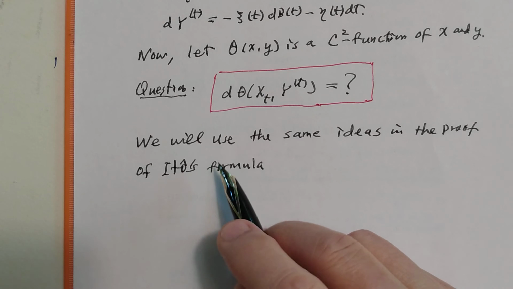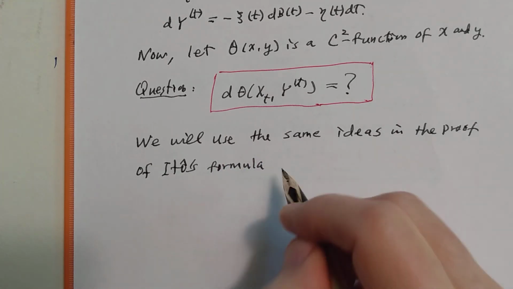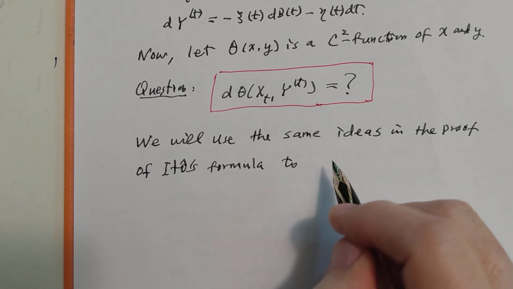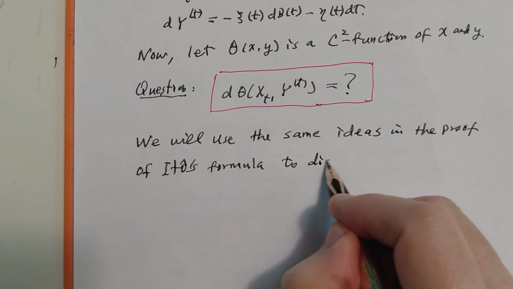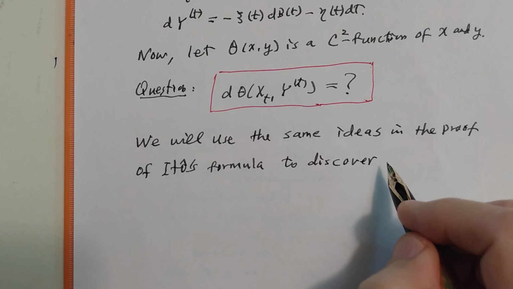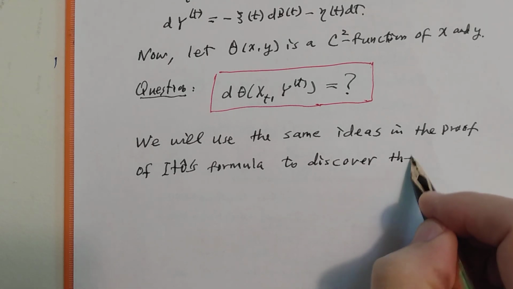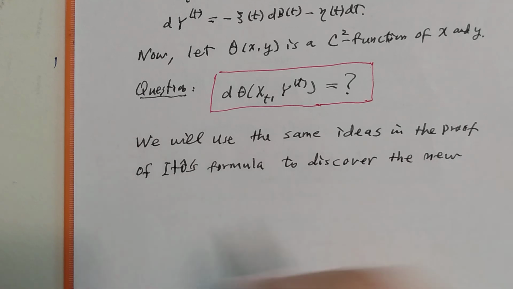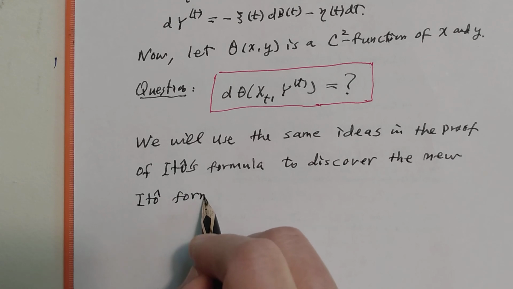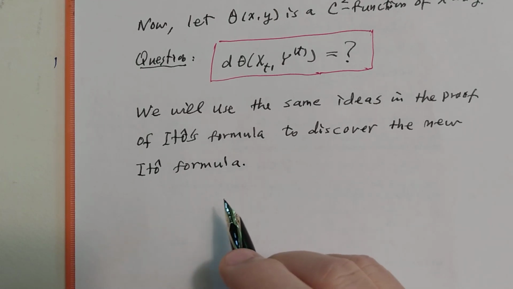Okay, so we will use the same ideas in the proof of Ito formula to discover the new Ito formula for our new theory of stochastic integration.